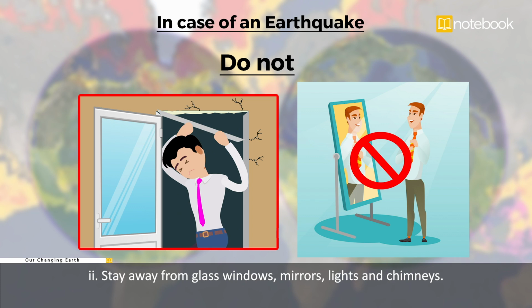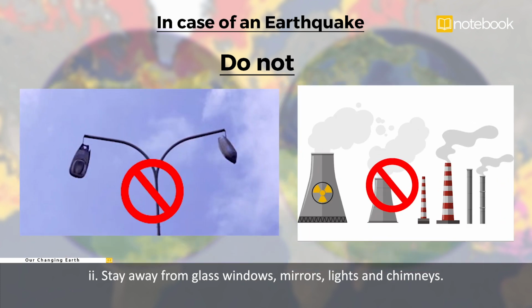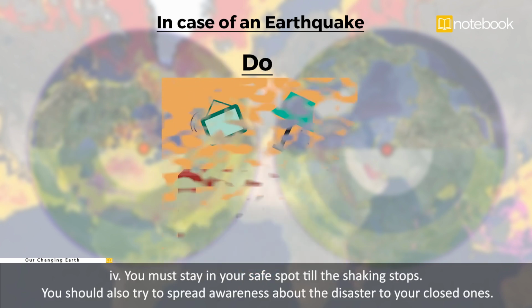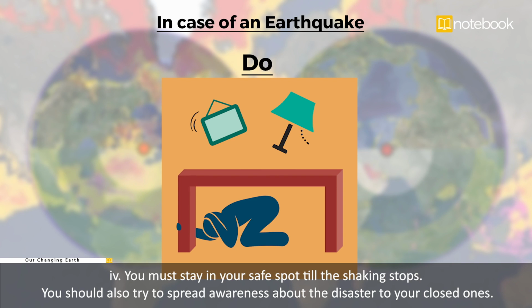Stay away from the glass windows, mirrors, lights, and chimneys. 3. Do not use elevators or lifts. 4. You must stay in your safe spot till the shaking stops. You should also try to spread awareness about the disaster to your close ones.